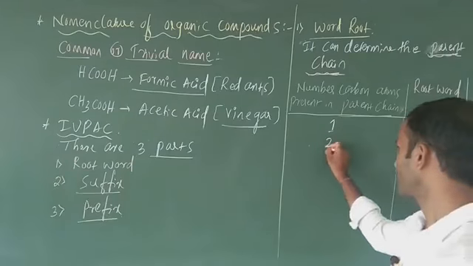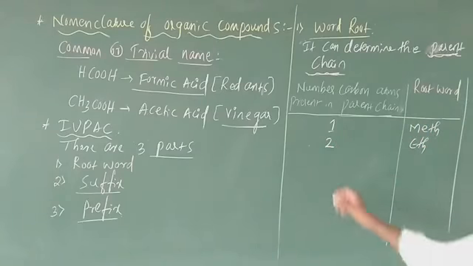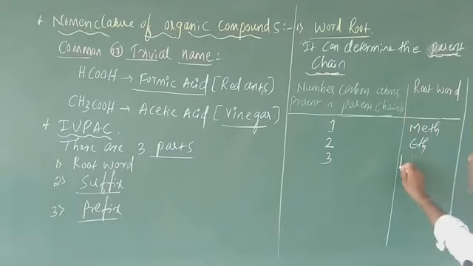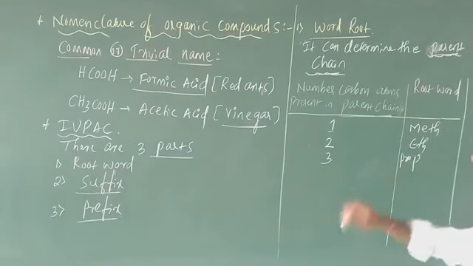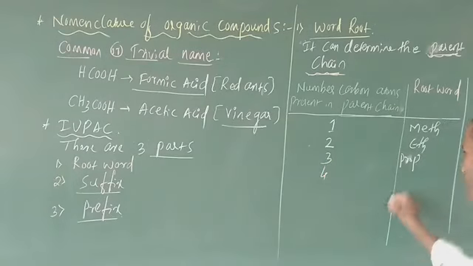Next, if 2 is there, what do you call it? Eth, E-T-H. If 3 is there, what do you call it? Prop, P-R-O-P. If 4 is there? But, as in butane.